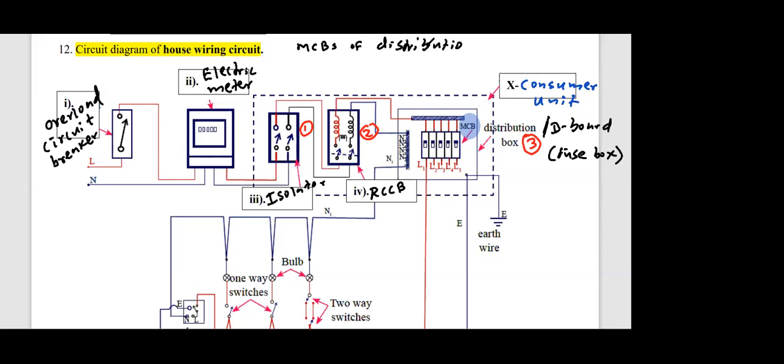From the word itself you can understand a distribution box distributes electricity. Please write this, everyone, below this on the same page at the bottom or separately: distribute electricity to the sockets and lamps.